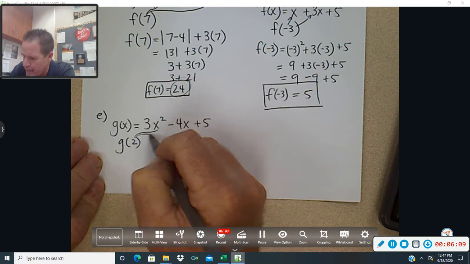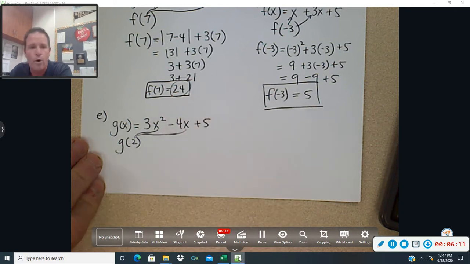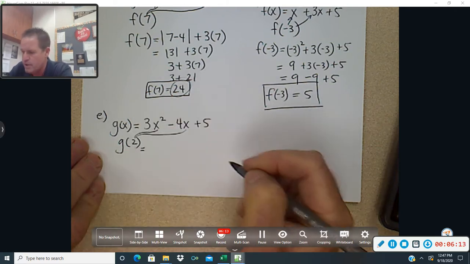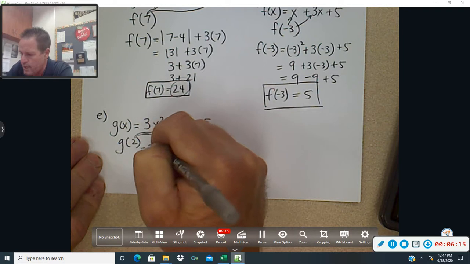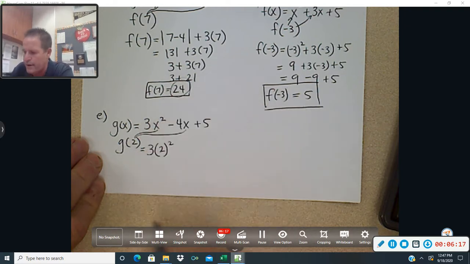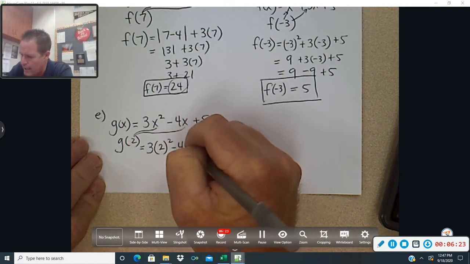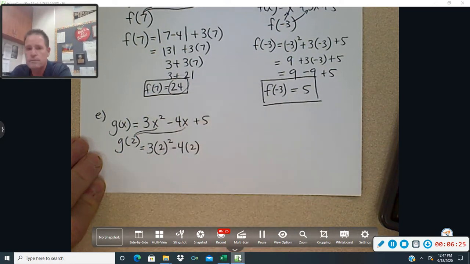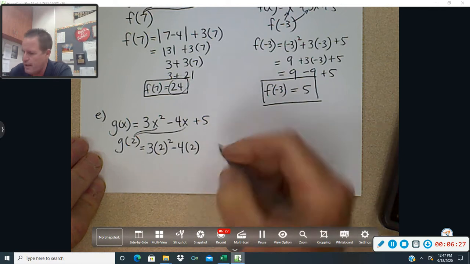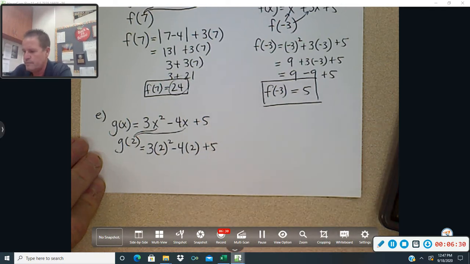We're going to take and put that 2 in for both of the x's. So that's going to equal 3 times 2 squared, because the x is 2 squared times 3, minus 4 times 2, and then plus 5. You're putting this 2 in for all the x's. And now you have to do order of operations from here.